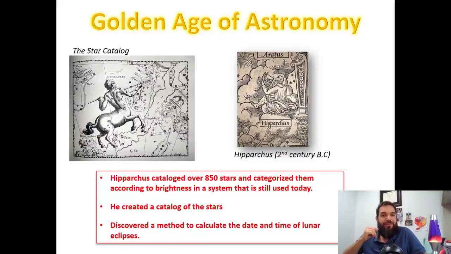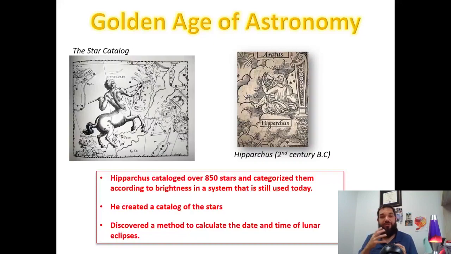So Hipparchus was great because he was a great empiricist. He made lots of observations. He logged over 850 stars. He characterized them. He actually created a system for brightness that we still use today. We still use this Hipparchus system of magnitude of the brightness of a star.